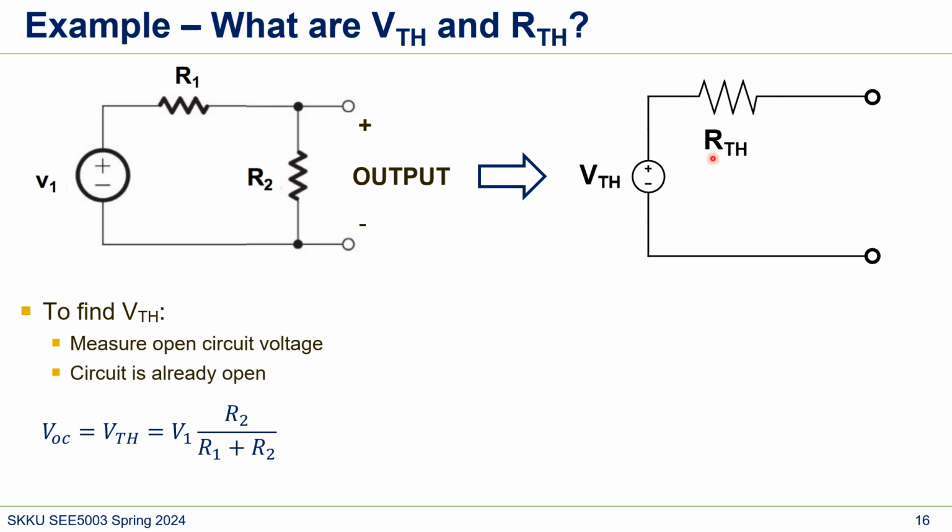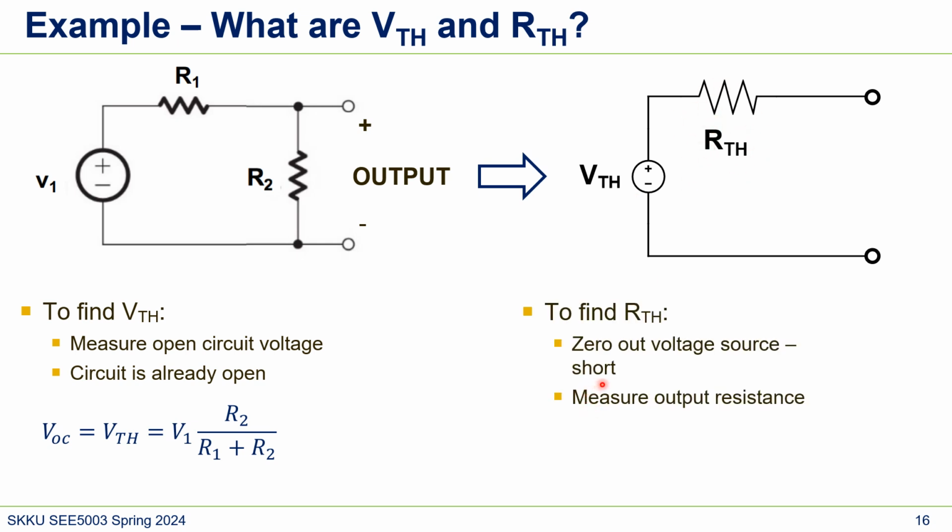And then next, we have to calculate this RTH. To find RTH, zero out the voltage source, because we have a voltage source. Short. So if we short this and measure output resistance, you see that these are parallel resistors.